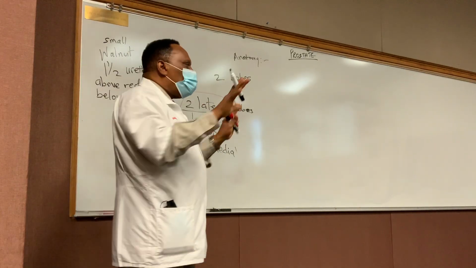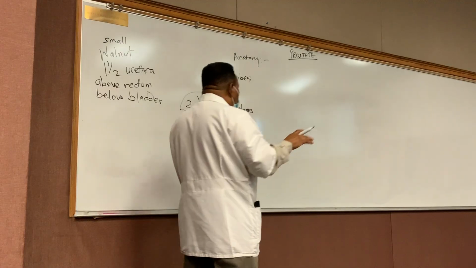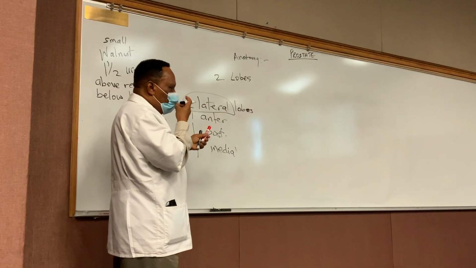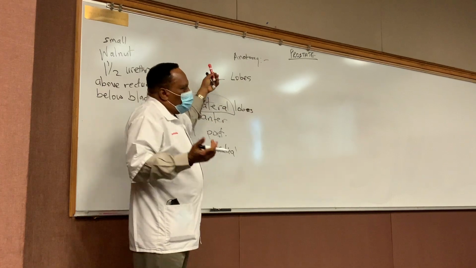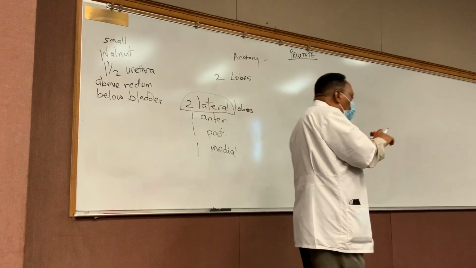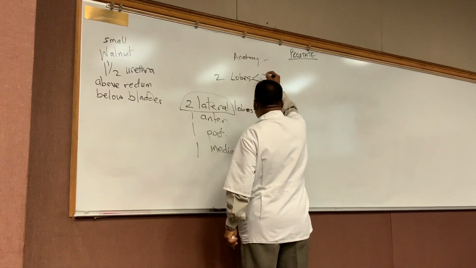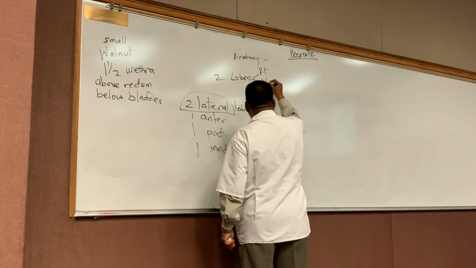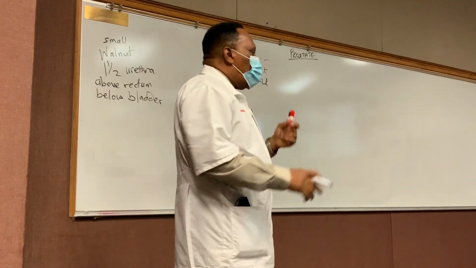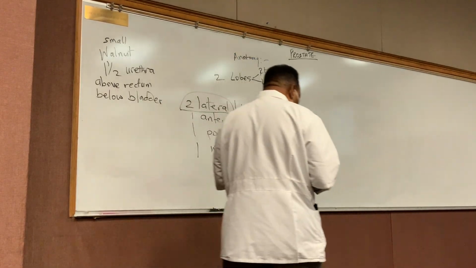They're so much larger than these other 3. And that's why we just usually say the prostate gland has 2 lobes. And those 2 lobes are classified or categorized as right and left lobes.